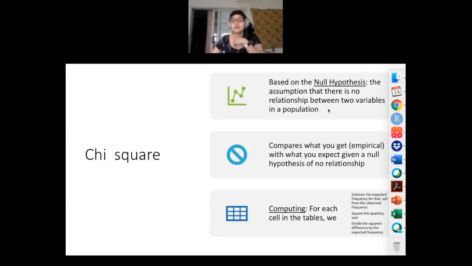Okay, and then chi-squared is a type of test that we can do. It's a bivariate analysis, so it's to determine whether or not there's a relationship between two variables.